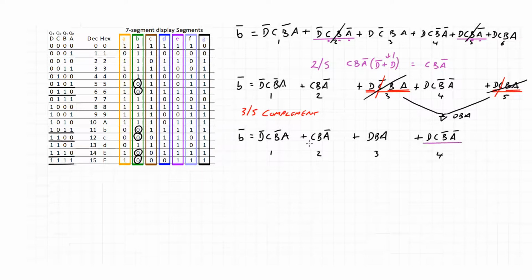Label them again. The second and fourth terms, can you see anything? We've got C and not A in both terms. So they'll be the common factors outside the brackets. So that is the absorption law. In the bracket is B or not B D. So that not B is going to disappear.